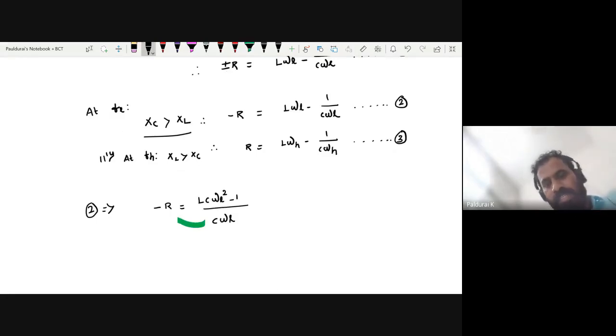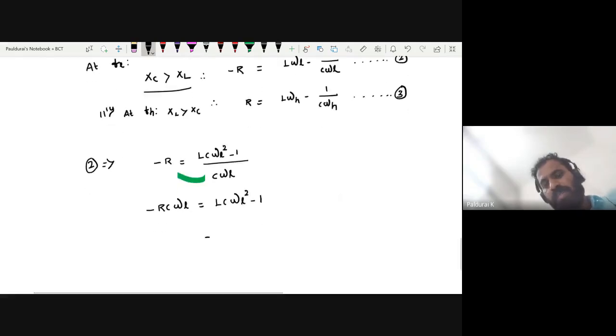What you will get? Minus R C omega L equals LC omega L squared minus 1. Now move this term to the right hand side. You will get LC omega L squared plus RC omega L minus 1.